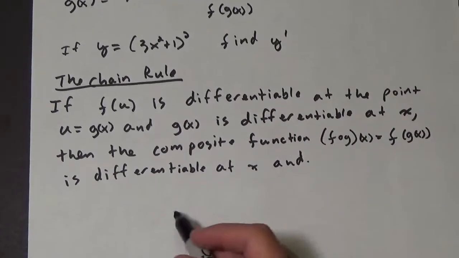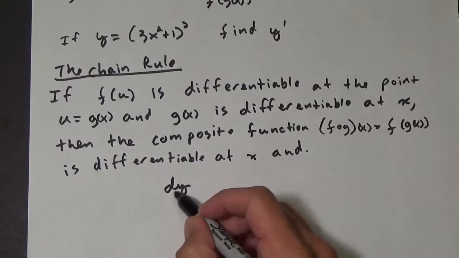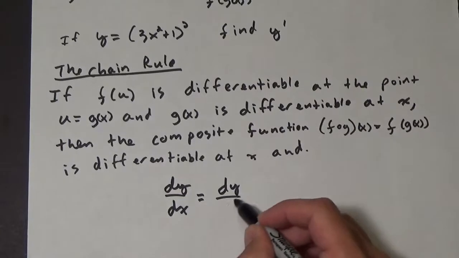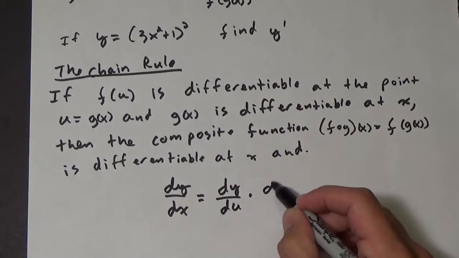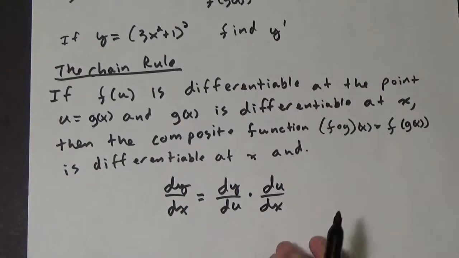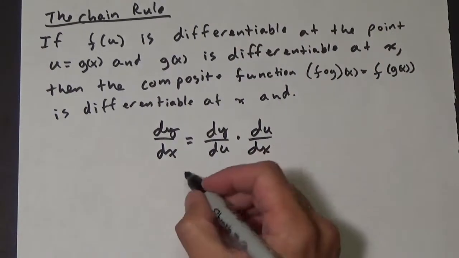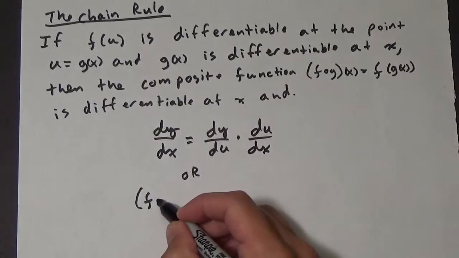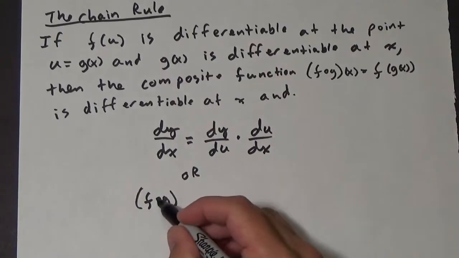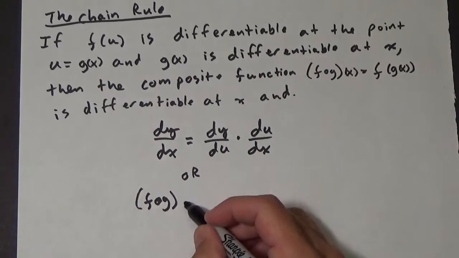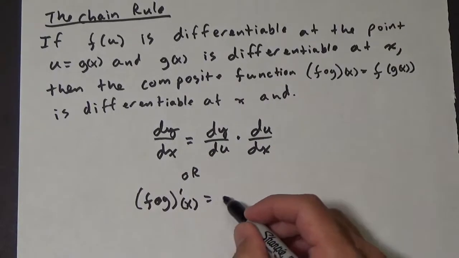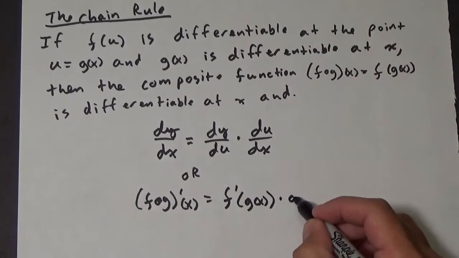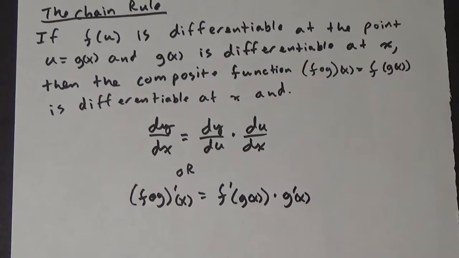And, okay, so here's how we end up finding the derivative. And there's two ways. We can say dy dx equals dy du times du dx, or the composite of f with g of x, the derivative of that is going to be f prime of g of x times g prime of x.